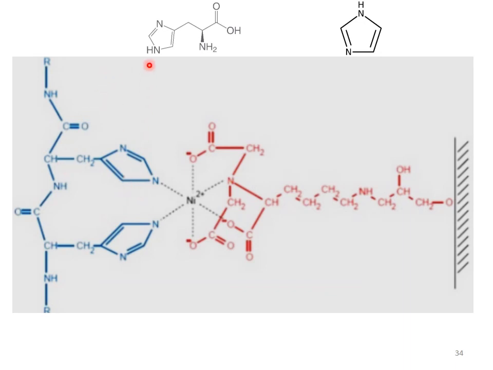This is the structure of the amino acid histidine. The histidine molecule contains a side chain called the imidazolium group. The imidazolium group contains these nitrogens, and by means of these nitrogens, histidines can form a coordination complex with the nickel ions.